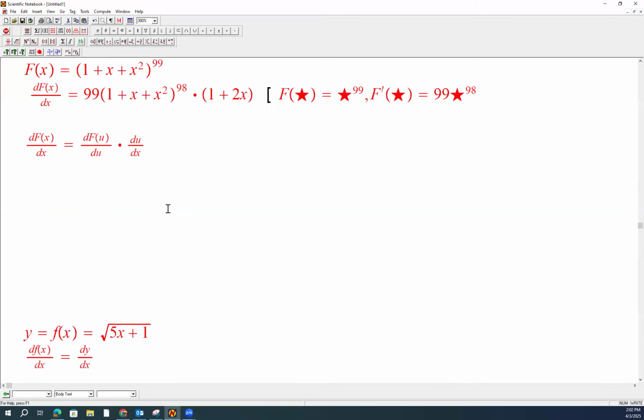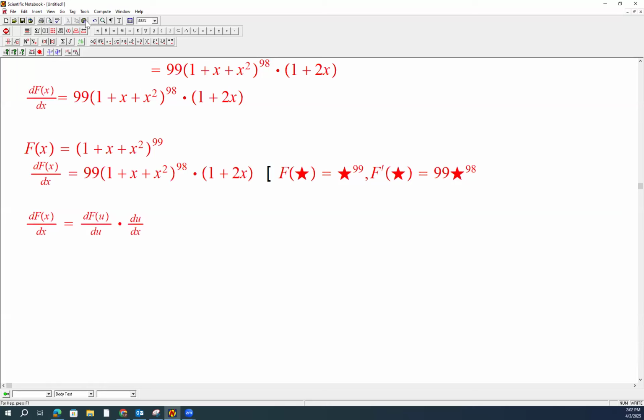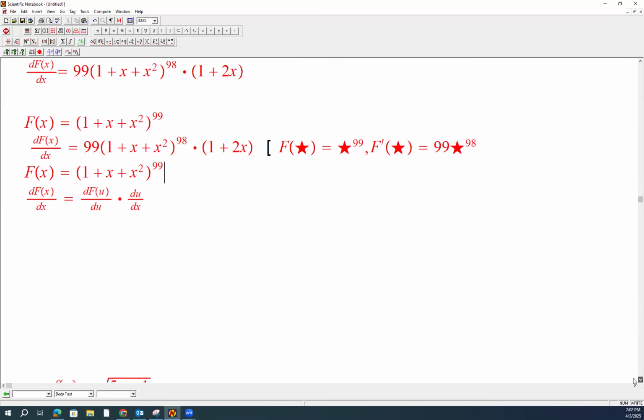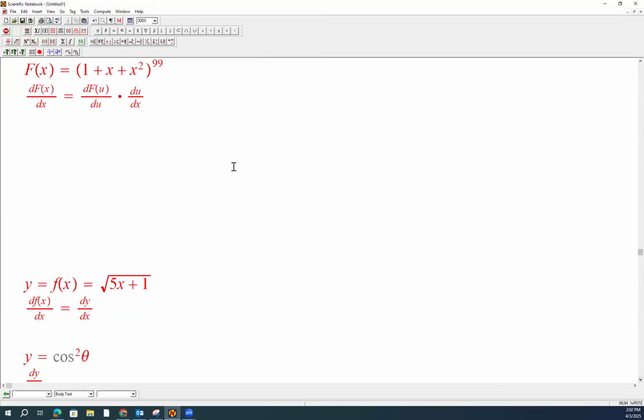So we basically break it into two pieces, which is a composition, right? And we know one piece, we see it as bologna to the power 99. And then we take care of bologna. So we break it into differentiating with respect to bologna.